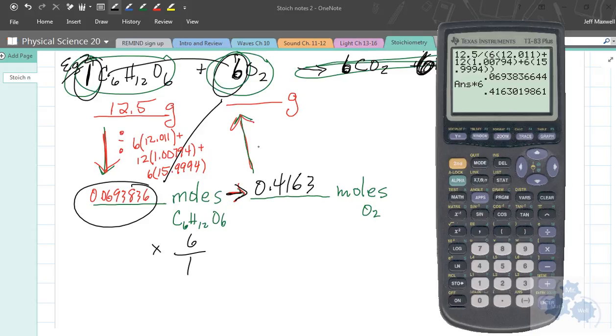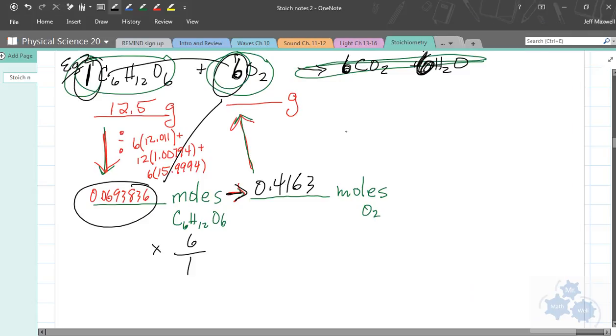All right. Awesome. So now I need to go from moles to grams. So what do I do to convert from moles to grams? I multiply by grams per mole. And of course it's going to be grams per mole of oxygen. Don't worry about this one now. Glucose is out of the picture, okay? We don't have to worry about this anymore. Now we're just dealing with oxygen.